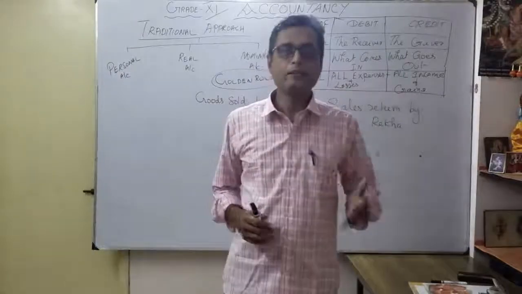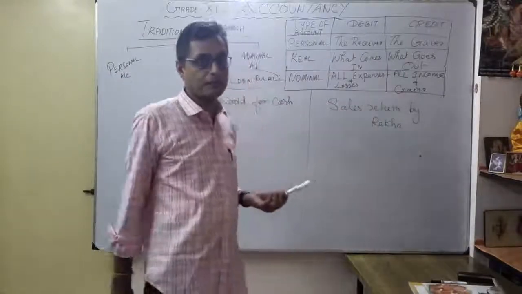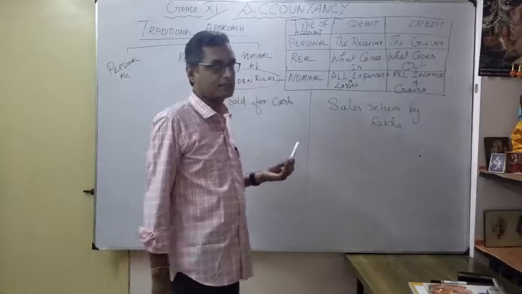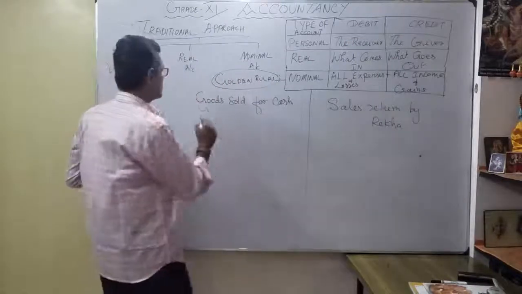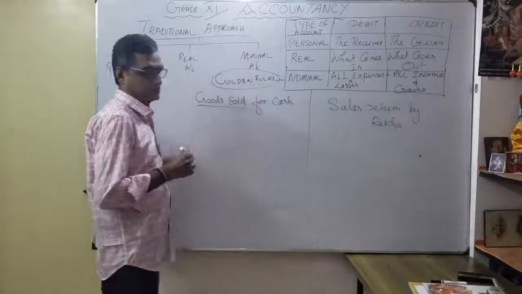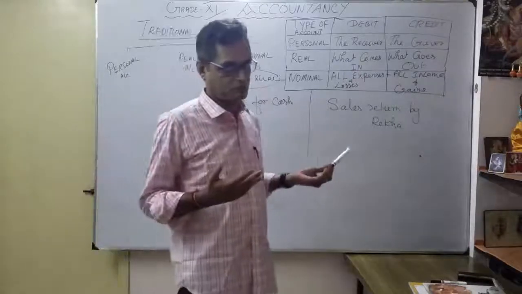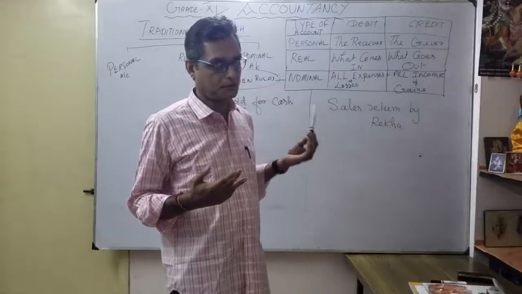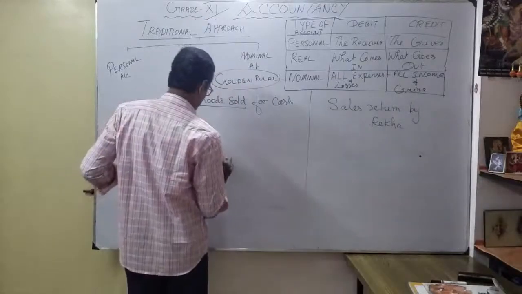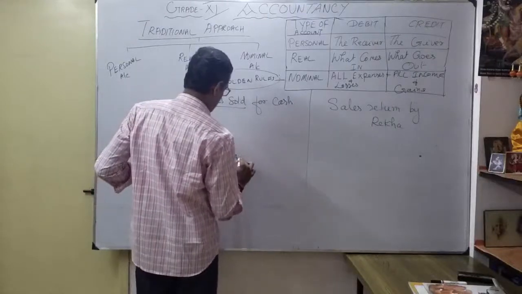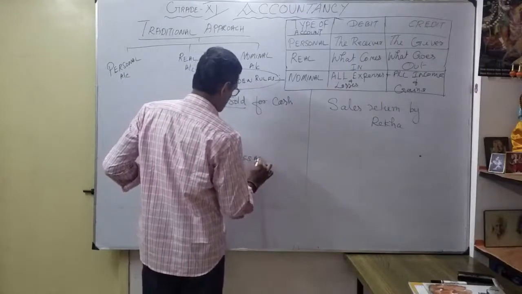Now in the same manner, from a sales point of view, especially a cash transaction. See here, goods sold for cash. What is the entry? Goods sold, so naturally our stock goes out. It comes under real account: debit what comes in, credit what goes out. So I put it here, to sales account.